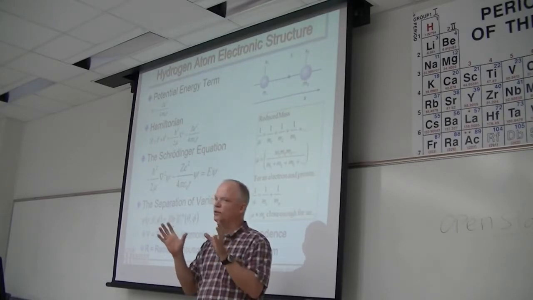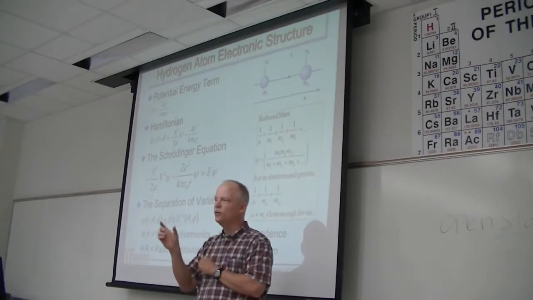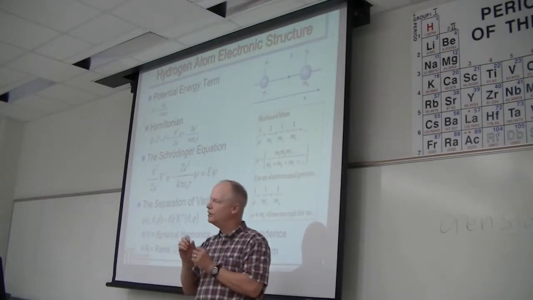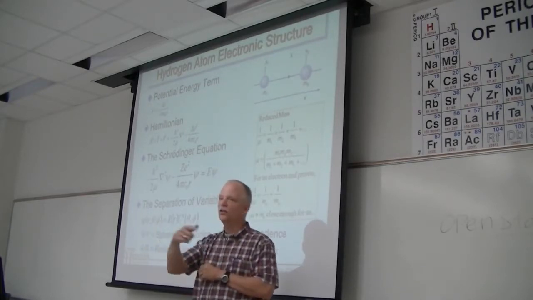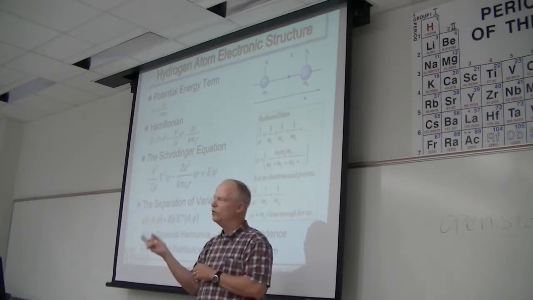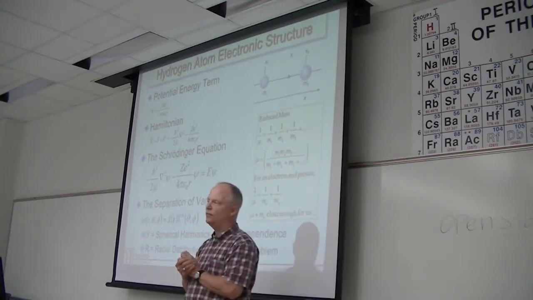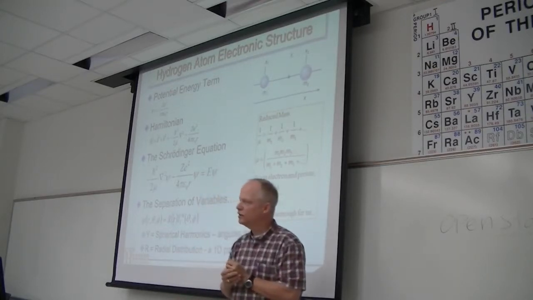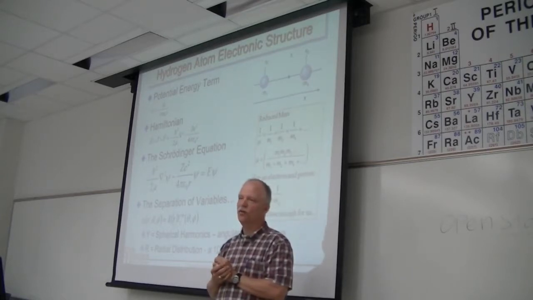You have 2 parts to the atomic wave functions: the radial portion, which just depends upon distance from the nucleus, and the angular portion, which has theta and phi in it, the longitude and latitude, if you will. The angular part is going to show up later in what we call the angular momentum terms, and it's going to give us our orbitals.